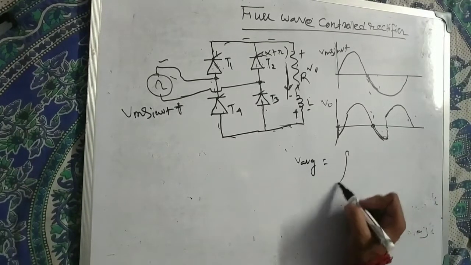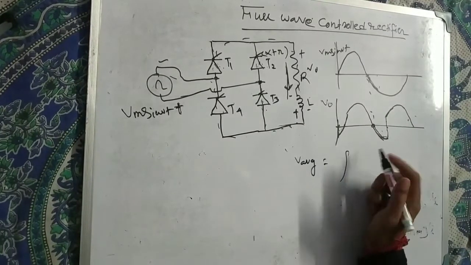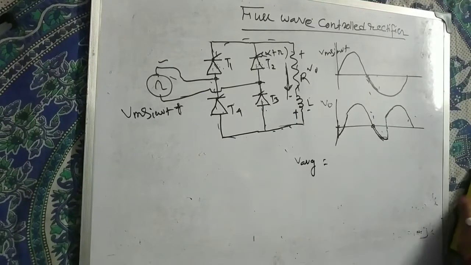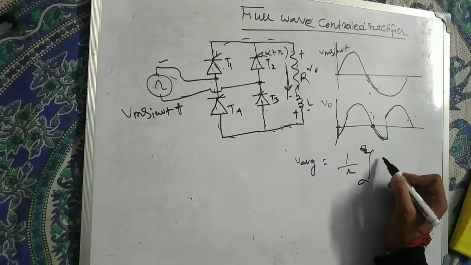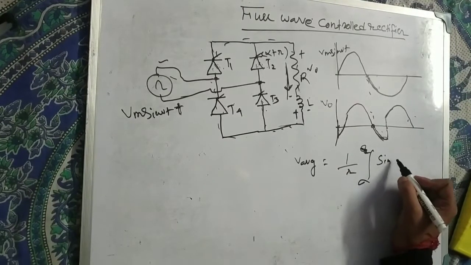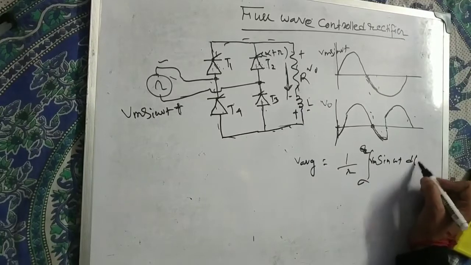So how much is the average voltage? The average voltage will be 1 by pi times the integral of Vm sin omega t d omega t.